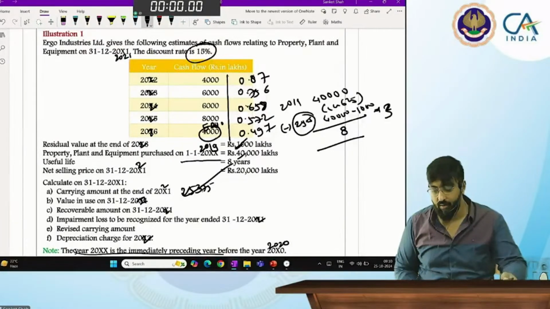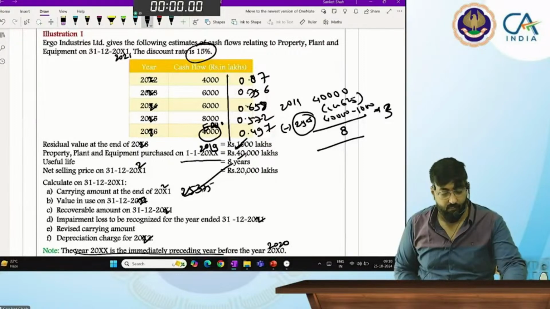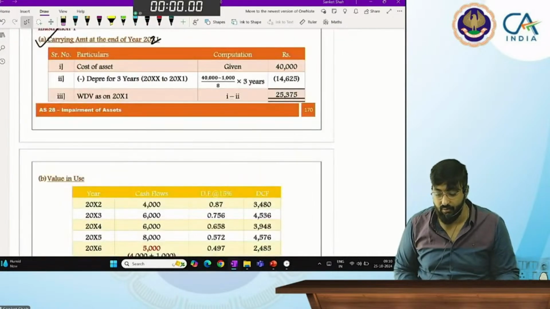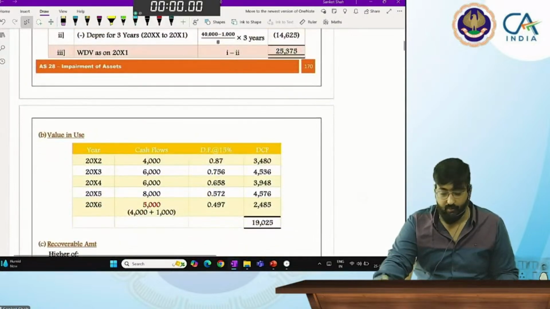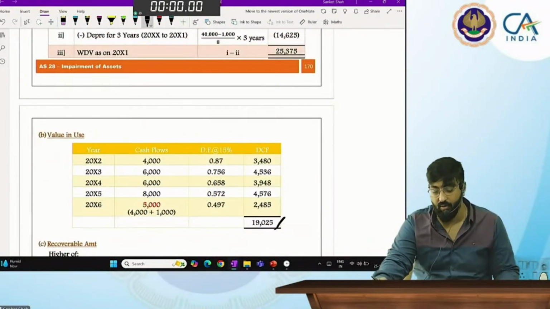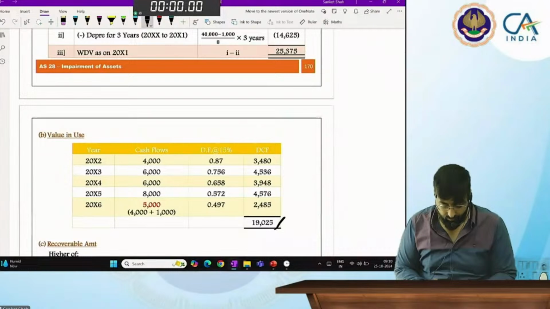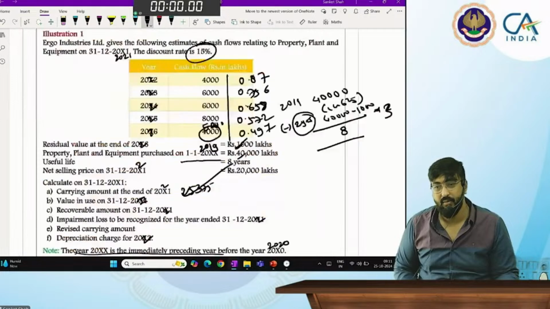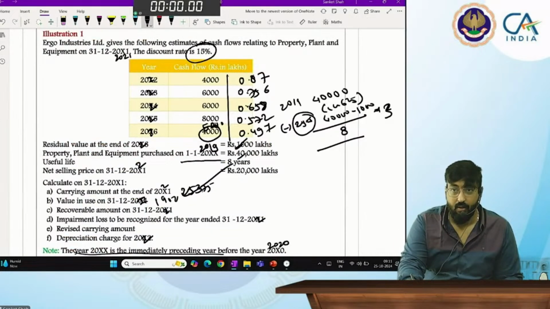Memory recall. 5,000 लेना था. कितना आया मेमोरी रिकॉल करके? 5,000 लेके 19,000 ले लो ना, एक्स्ट्रा 1,000 ले लो सिर्फ. 19,025 आना चाहिए. वैल्यू इन यूज 19,025.